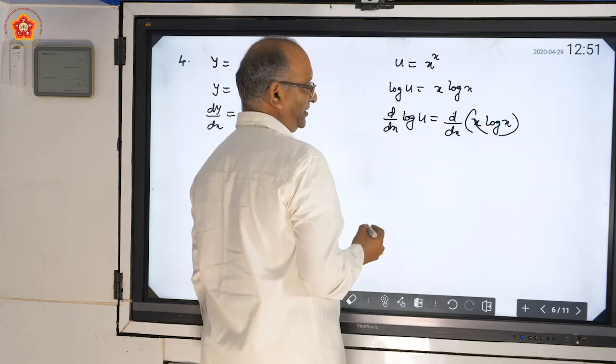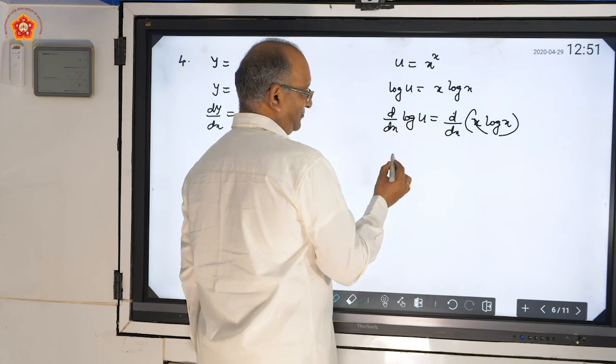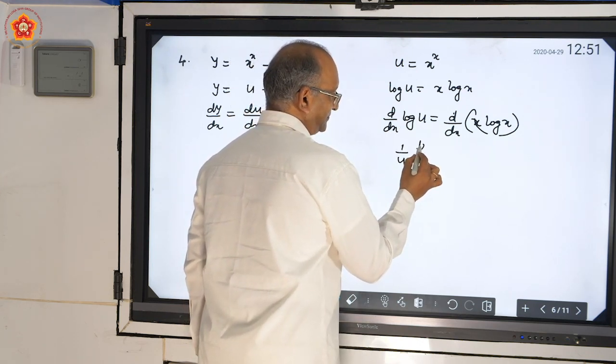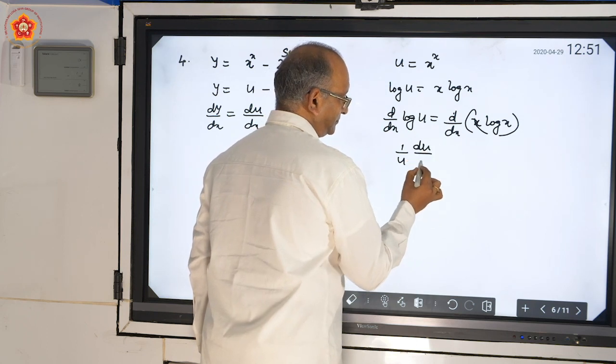Here we apply the product formula, and here d dx of log u will be 1 by u du by dx.